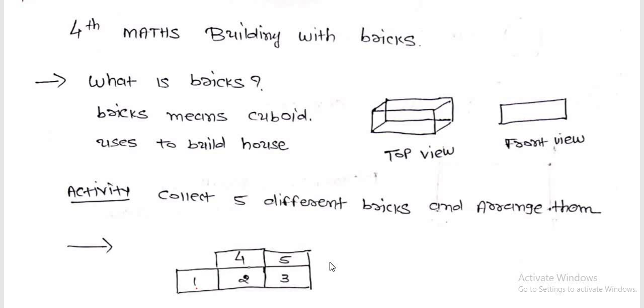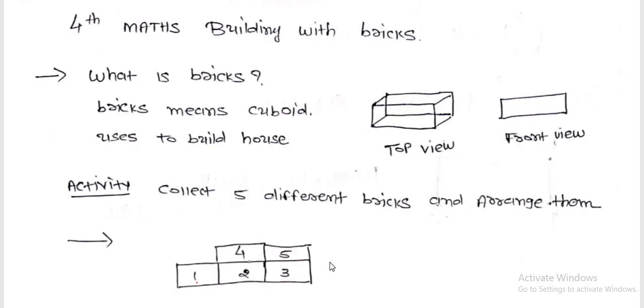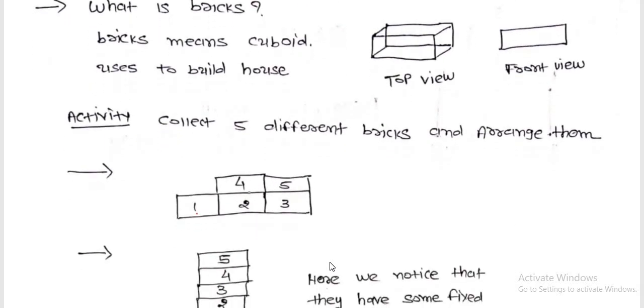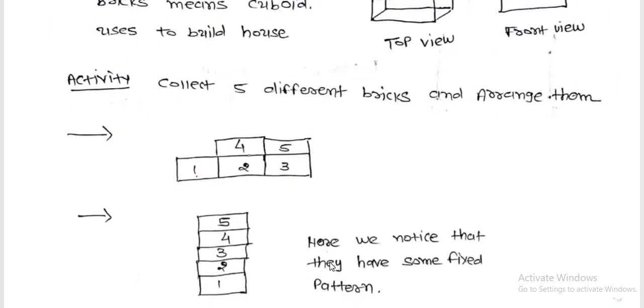Let's see another type of arrangement. So here we have a different type of arrangement of bricks which we have seen earlier. Here I have arranged 5 bricks. See the pattern. When we arrange bricks in different ways, they form different patterns.